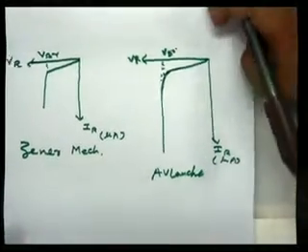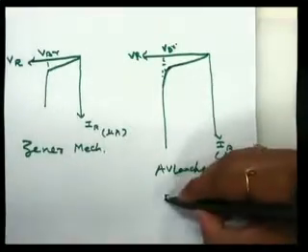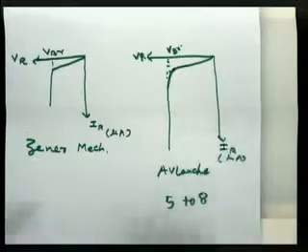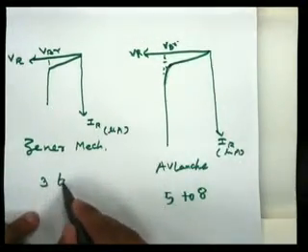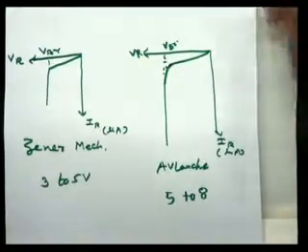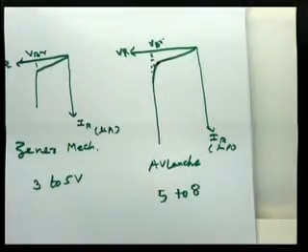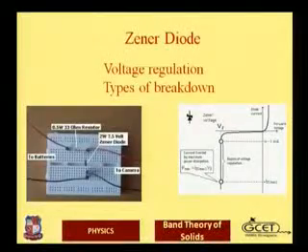In the avalanche mechanism, the reverse breakdown voltage may vary from 5 to 8 volts, and for a normal Zener diode it may vary from 3 to 5 volts. This is the difference between the Zener mechanism and the avalanche mechanism.